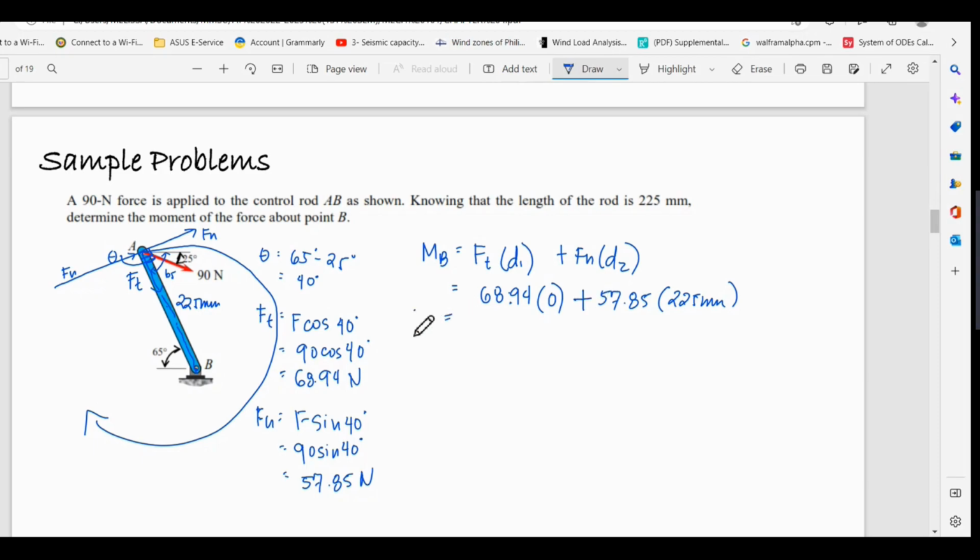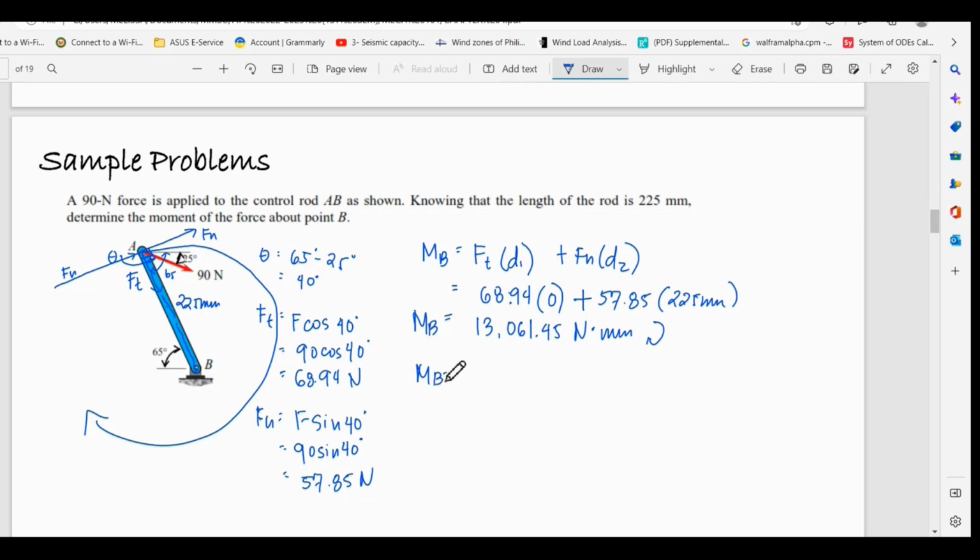Okay? Therefore, the moment at B now is equal to 13,061.45 Newton dot millimeter. In clockwise, positive kaya clockwise.